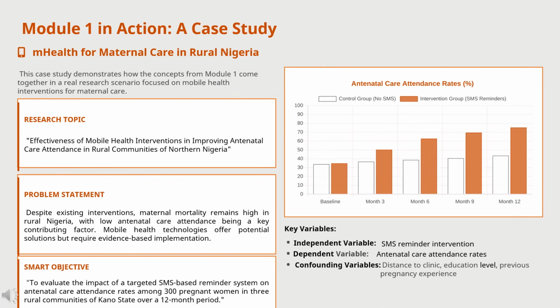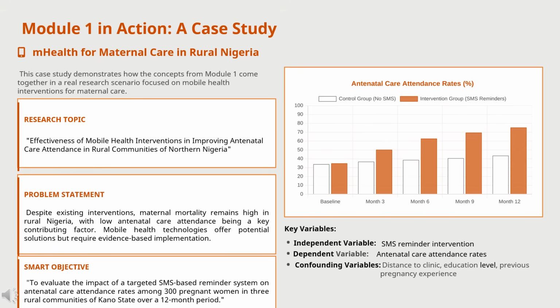So let's look at all that we have discussed and bring all these concepts together with a case study. Imagine a project focused on using mobile health or mHealth for maternal care in rural Nigeria. So let's look at our research topic.